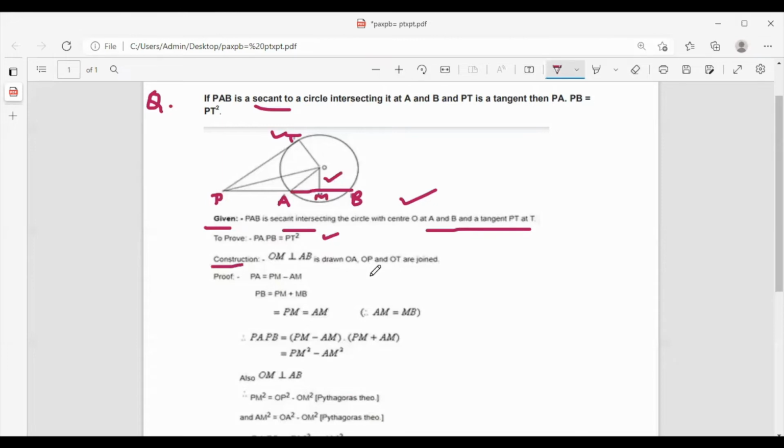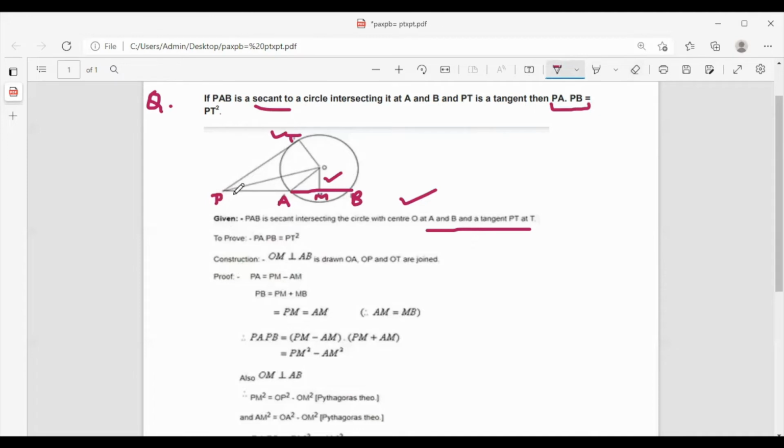First we have to find out the left hand side of this theorem, PA into PB. From this diagram you can see that PA is equal to PM minus AM.